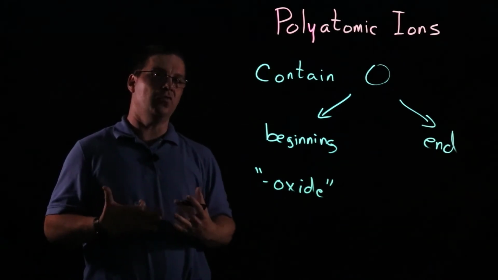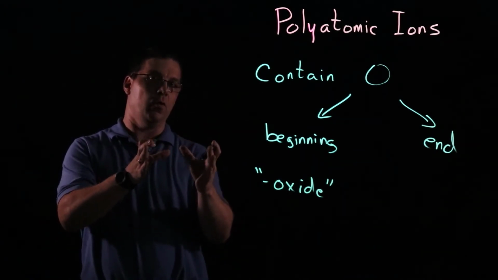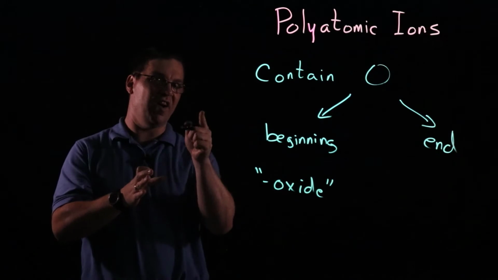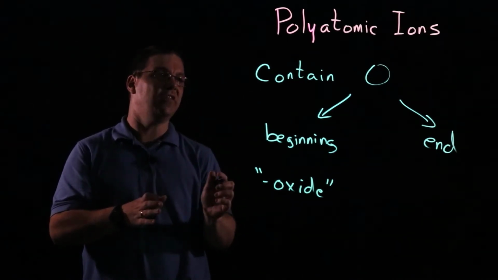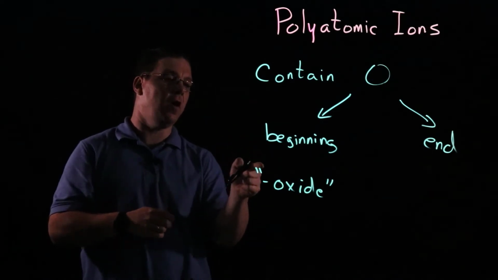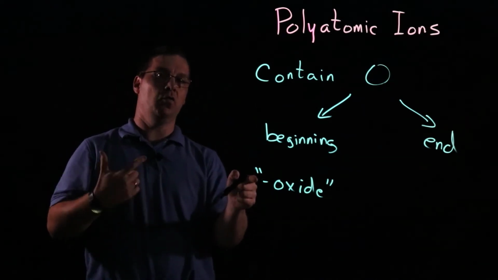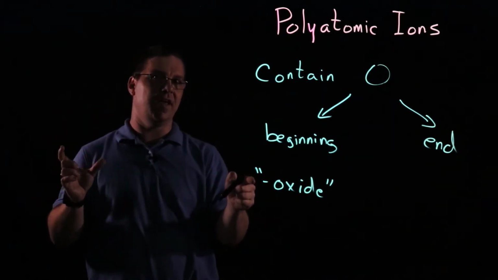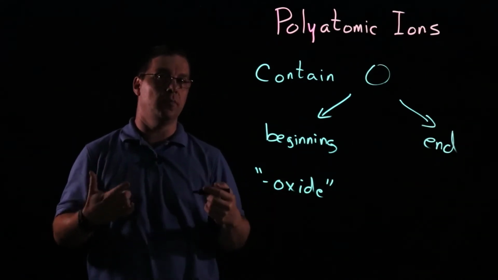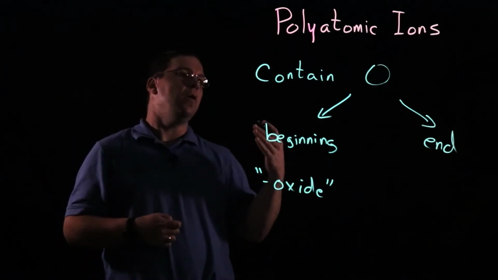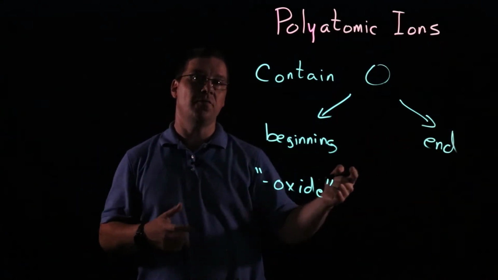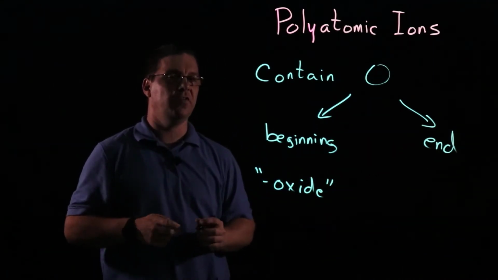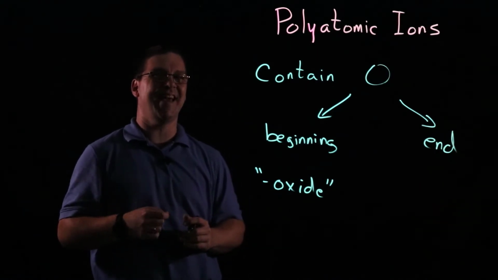So one of the things we can do is when we look at a formula or a grouping of letters and we say, you know what, I recognize that those go together, and that's a polyatomic ion, we see that it starts with an O, so that's going to clue us in to remembering that those ion names that had oxide in them are going to be the ones that we choose from. The other formulas that had oxygen at the end of the formula, if you look at this first set, only the first set, you'll notice that the common ending is ATE.